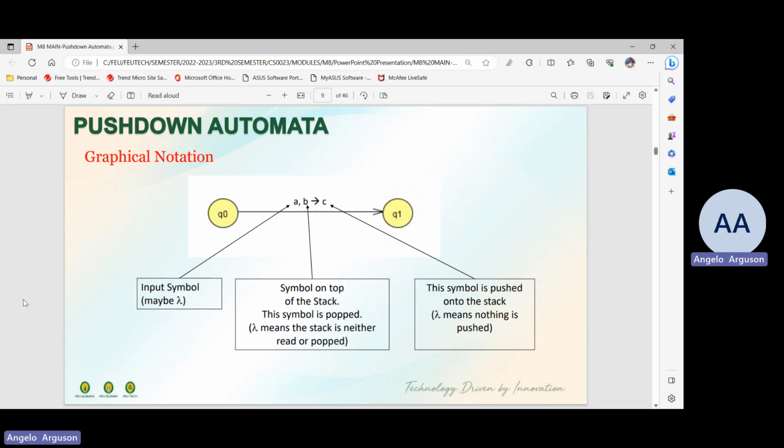Moving on, we have this graphical representation.